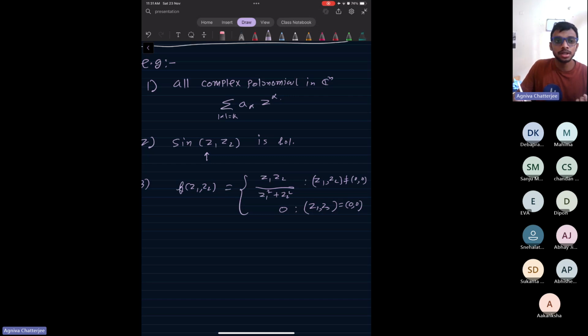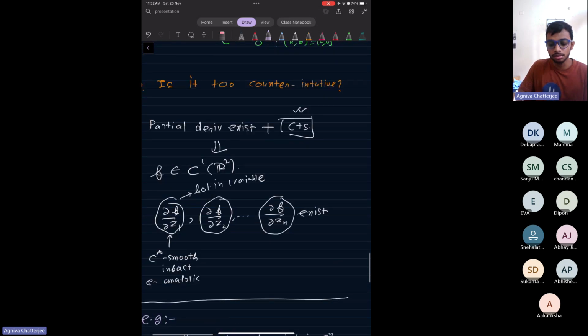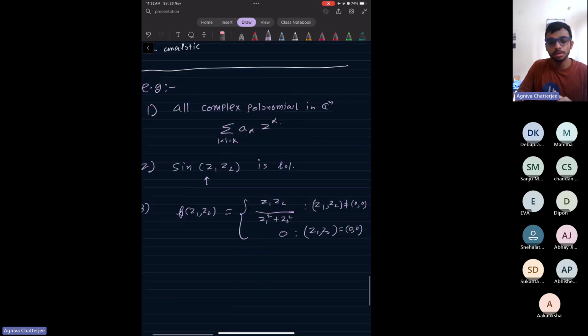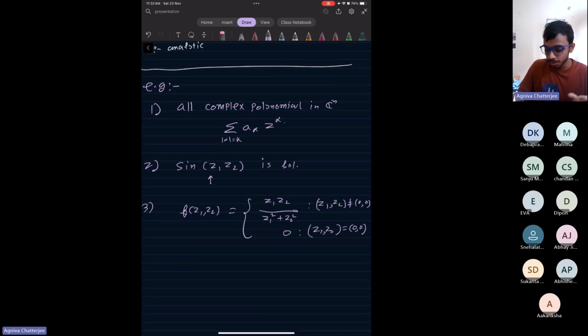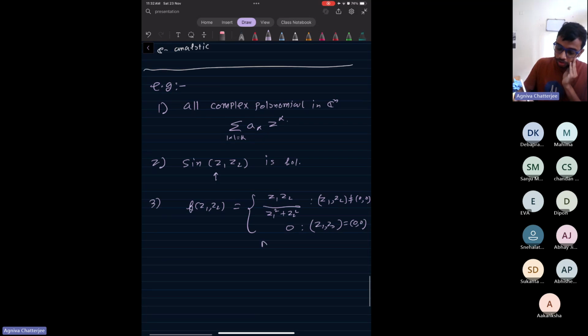Here, the complex partial derivatives do exist at 0, because in fact they will be 0. But this can't be holomorphic because it is not even continuous in the real variables, and if it is not continuous in real variables, it can't be continuous in complex variables. So what is the gap? You just find it. So this is not holomorphic.